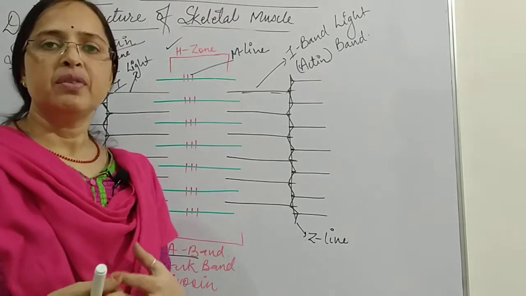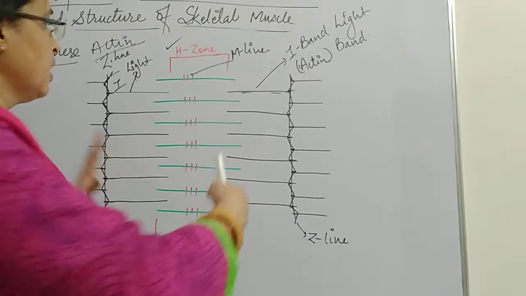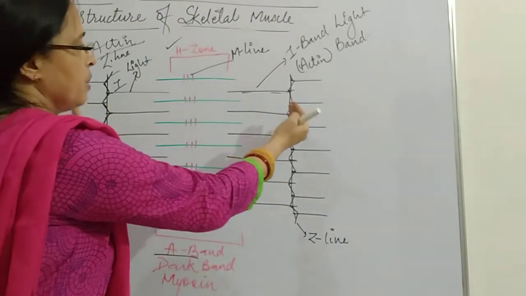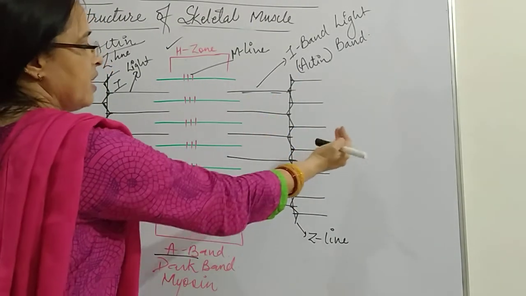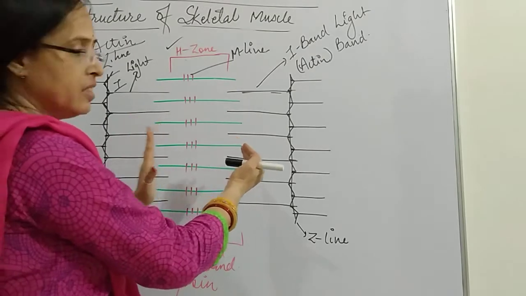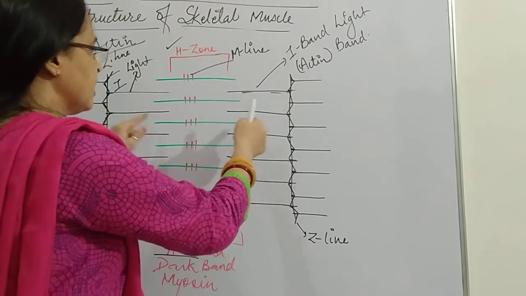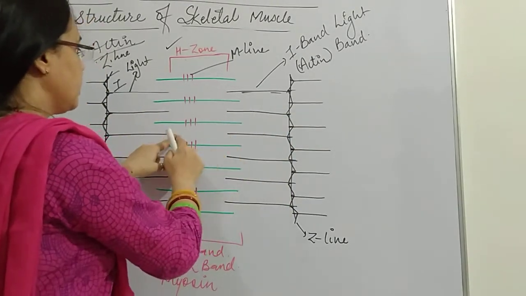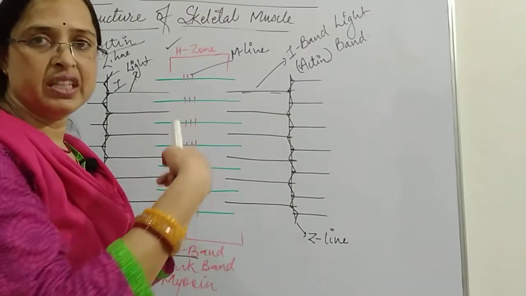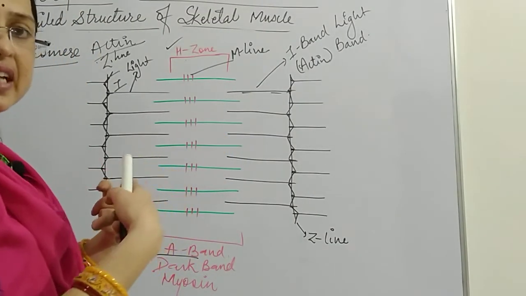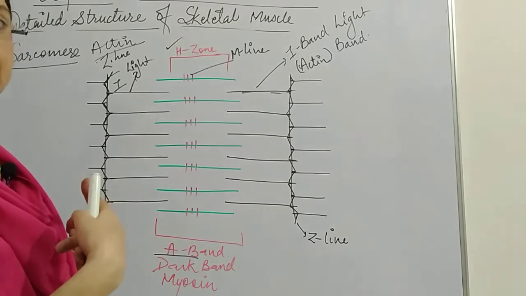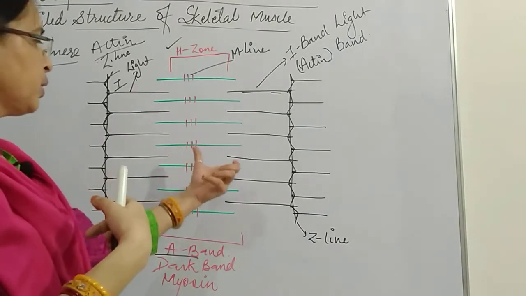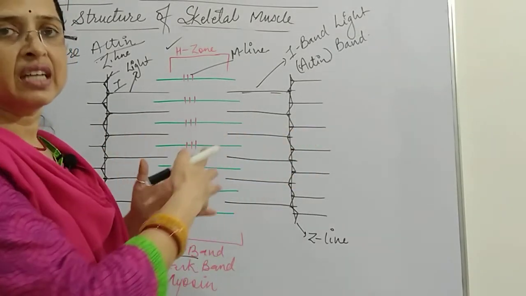So what will happen when contraction occurs? The actin filaments or the Z lines are brought to the center, it gets squeezed, and then these ends touch each other, resulting in the contraction of the muscle as well as reducing the length of the sarcomere.